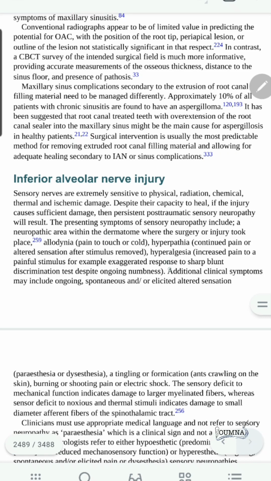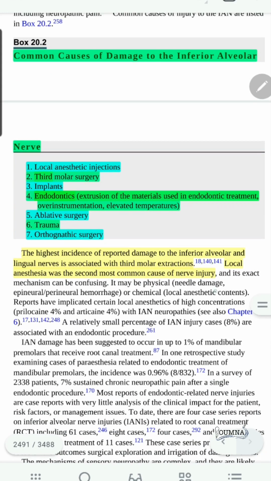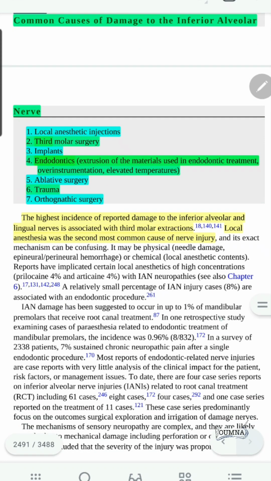What about the inferior alveolar nerve injury? The common causes of damage to the inferior alveolar nerve are local anesthetic injections, third molar surgery, implants, endodontics, which is extrusion of the material used in endodontic treatment, over instrumentation, elevated temperatures, trauma, and orthodontic surgery.